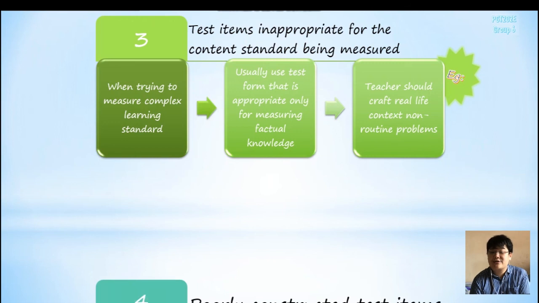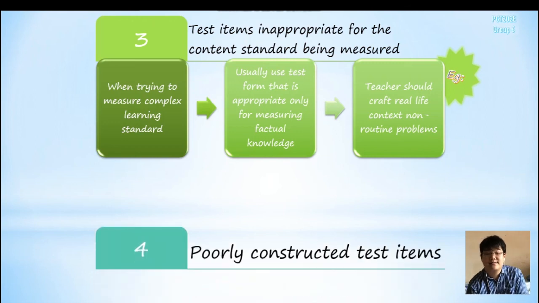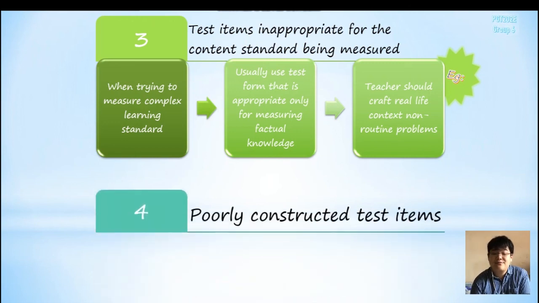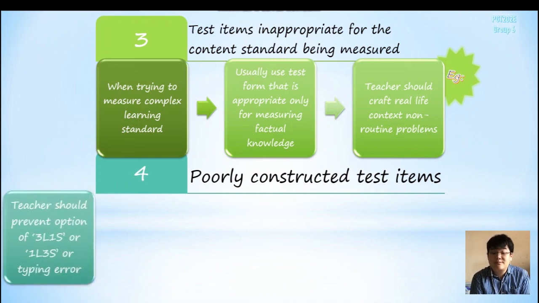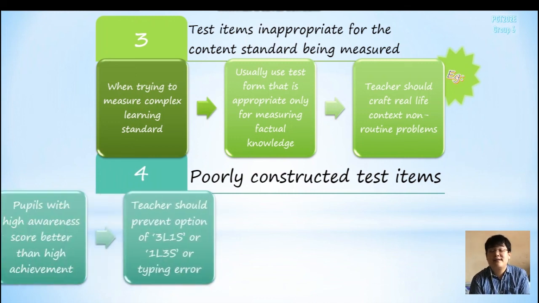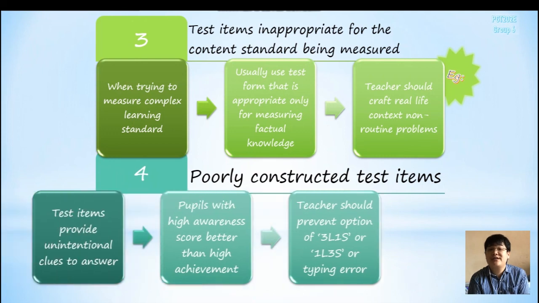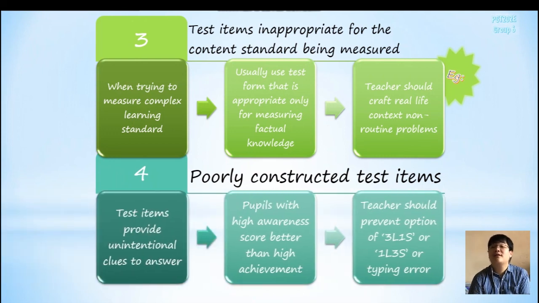The fourth one, poorly constructed test items. This would also affect the content validity of the test. A test item which provides unintentional clues to the answer is said to be a poorly constructed test item, because this type of question does not measure students' knowledge on the given test item.